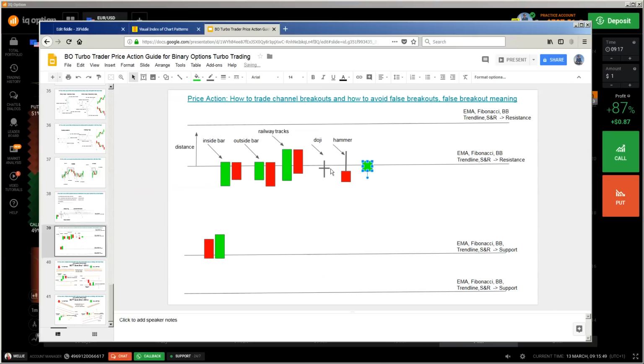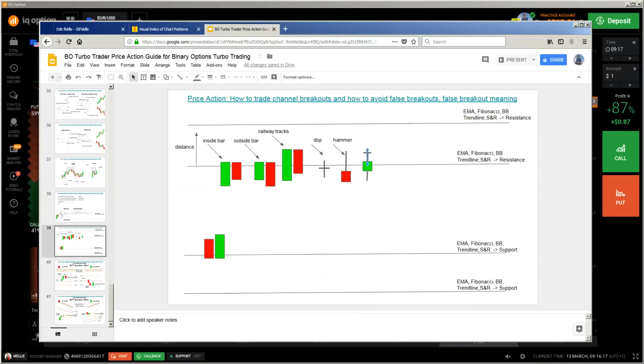I can show you many more candles, all weak candles: dragonfly doji, spinning top, high wave candle, pin bar, all those candles you know. So let me draw this here also, and these are all signs of a fake breakout, that there will be a reversal and not a breakout occurring.